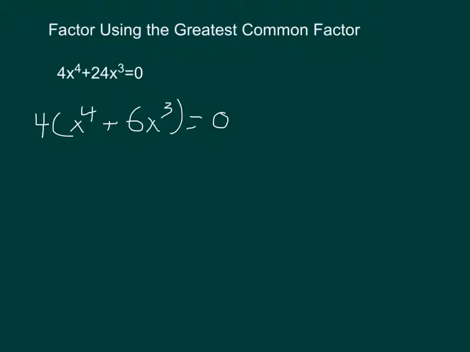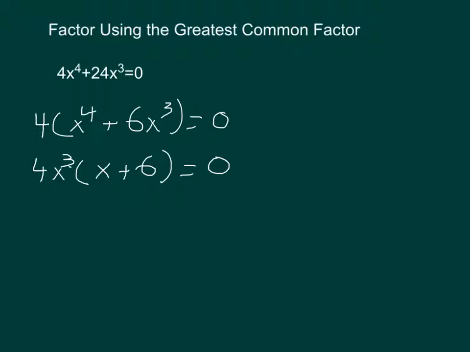That means I can take an x to the 3rd and put it out in front next to the 4, multiplying that 4. When I take 3 x's away from x to the 4th, I have to remember that that's multiplication. So I originally had 4 x's multiplying together. I just took 3 away. I'm left with just 1. When I take the 3 x's out of 6x to the 3rd, that's all that there was left. So I'm left with 4x cubed times the quantity x plus 6 equals 0.